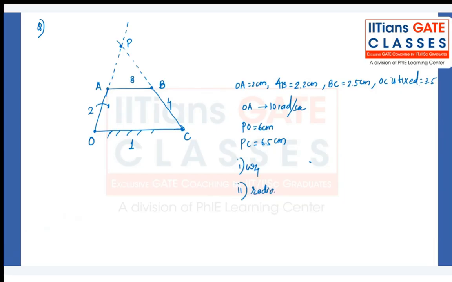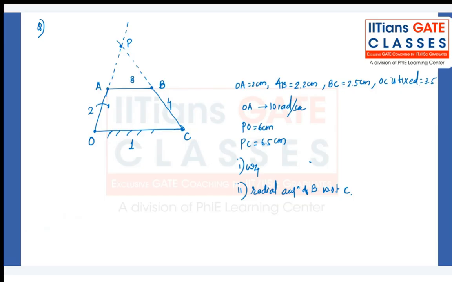Second question, radial acceleration of B with respect to C. Okay. So they are asking you the angular velocity, and they are also asking you the acceleration, the radial acceleration of B with respect to C.